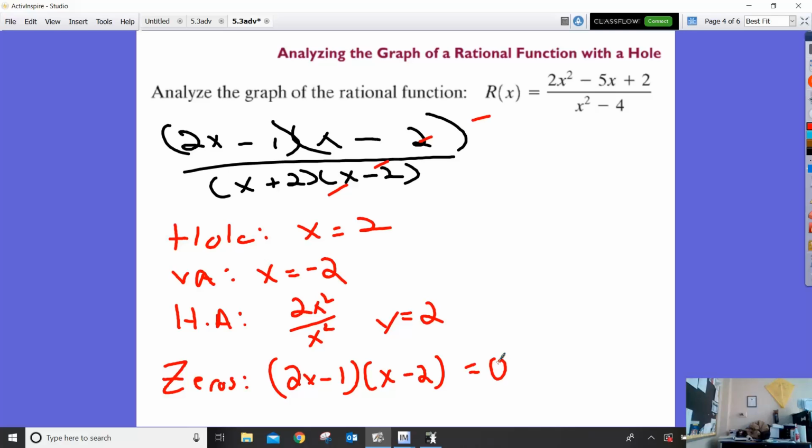Where? 1/2. That last guy's special. When we draw that intersection, we won't do a solid point. What will we do? Circle. Open hole. It's an open circle. Because what is there? A hole.